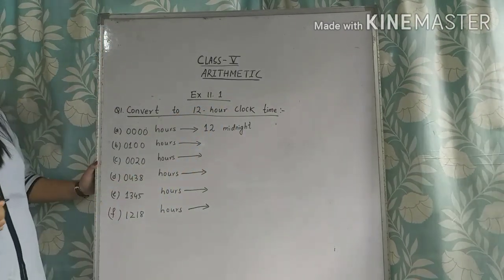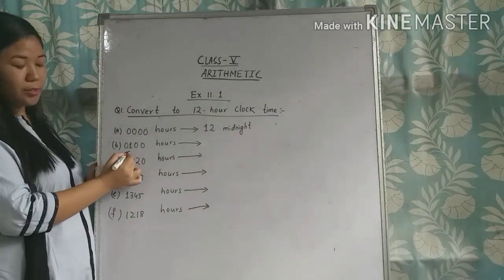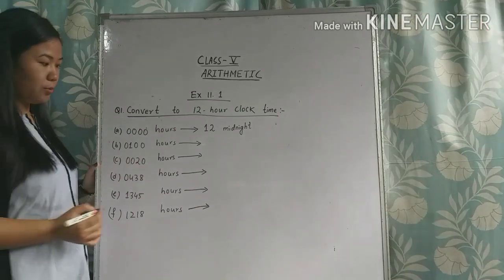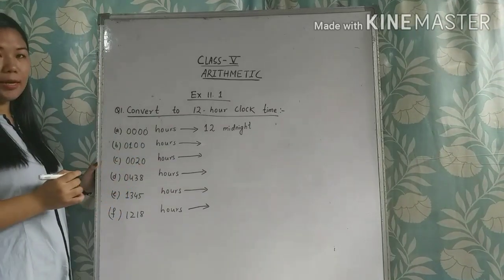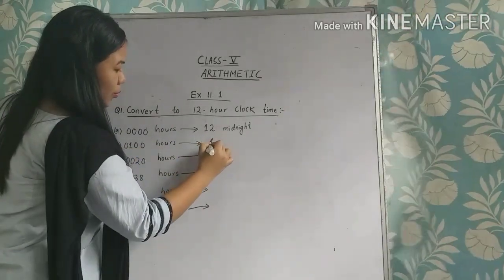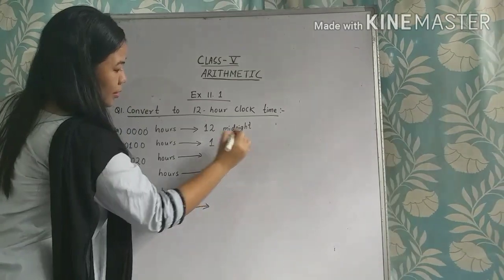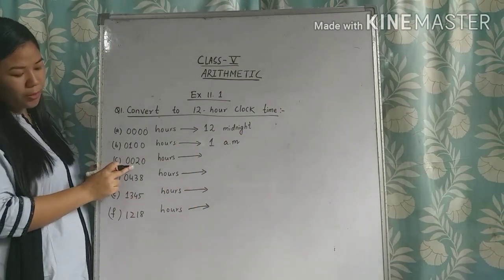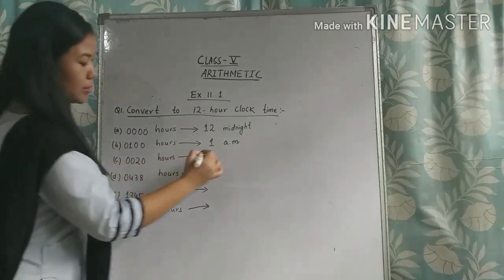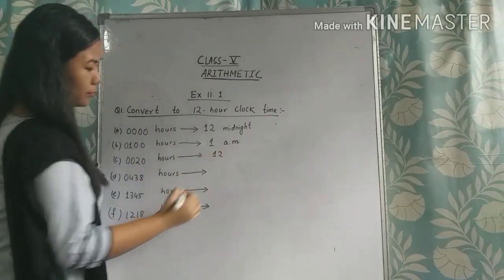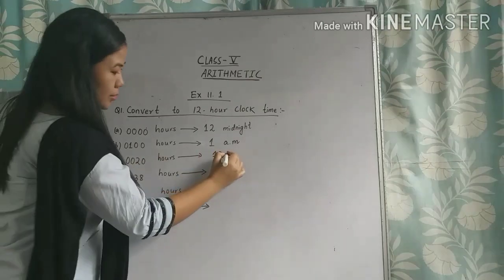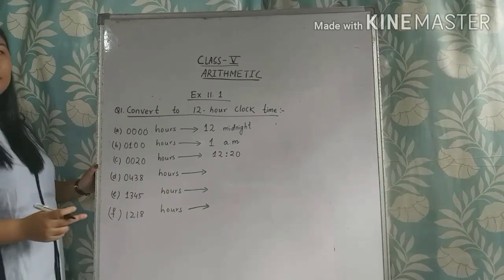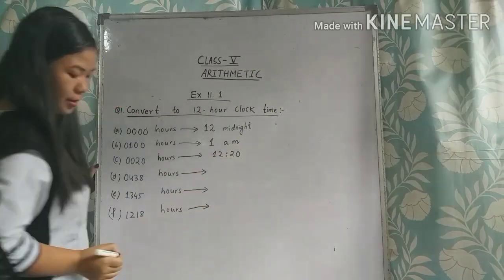Now, in hours it is 01 and in the minutes it is 00. So we can understand that it is 1 a.m. Next, in the hour it is 00. That means it is 12, and in minutes 20. So it is 12:20 a.m.